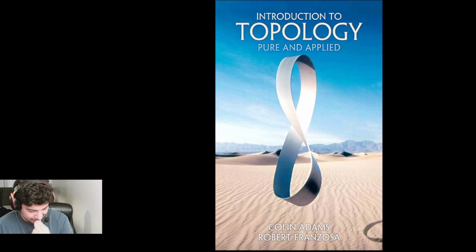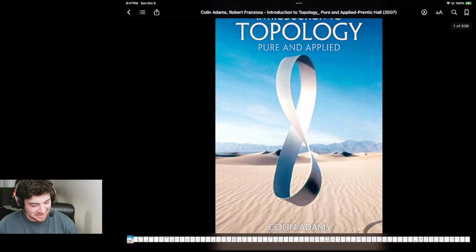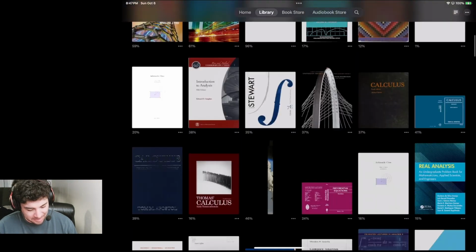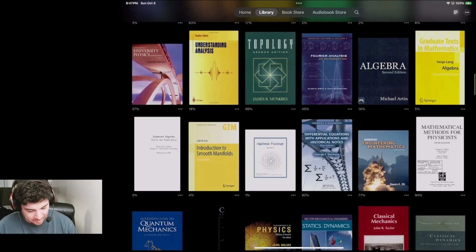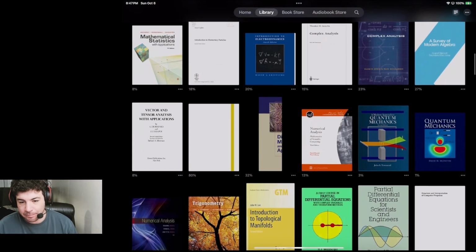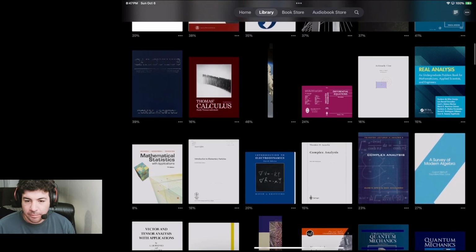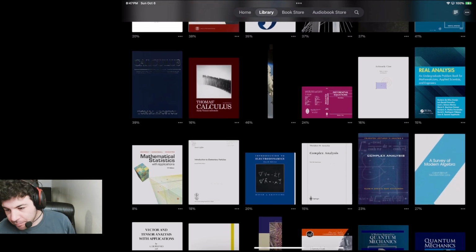I don't know how common this book is for everybody, but I used this specific book. When I took topology, I was actually reading through Moncrief's book as well. That's a good portion of the 20th century math right there.